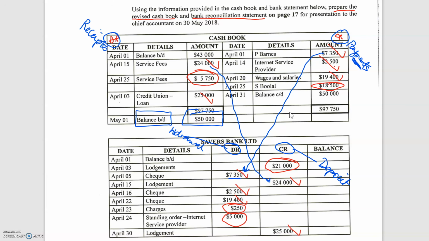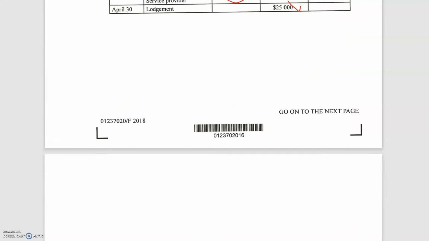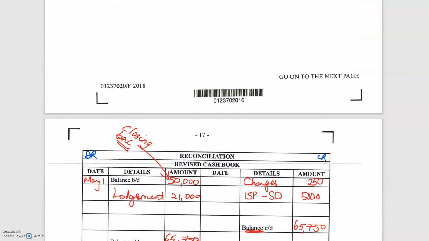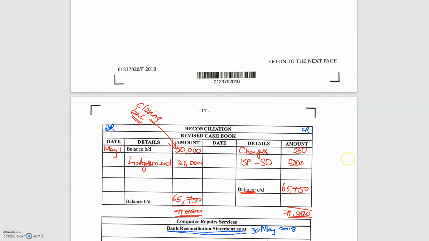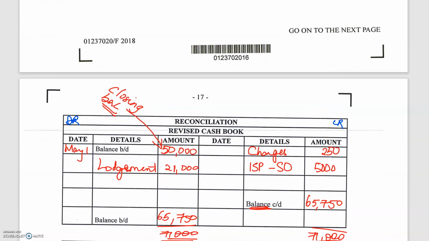If we look at the question, we are asked to prepare the revised cash book, and we prepare the revised cash book by beginning with the cash book balance. In this case, the cash book balance we are beginning with would be the closing balance of $50,000. We are to enter into the revised cash book any debit entries that were omitted and any credit entries that were omitted.